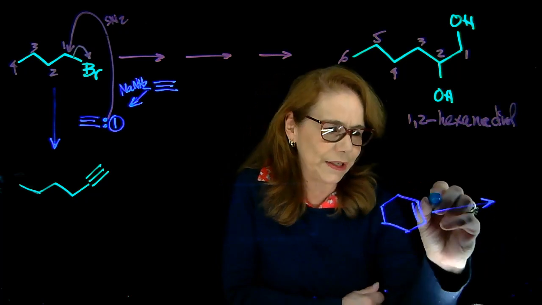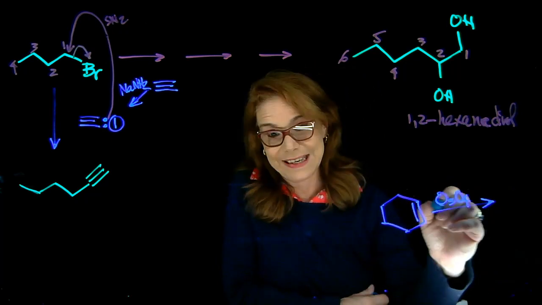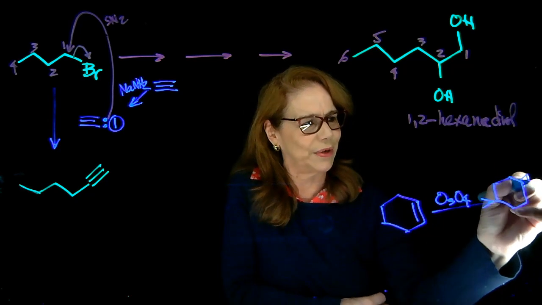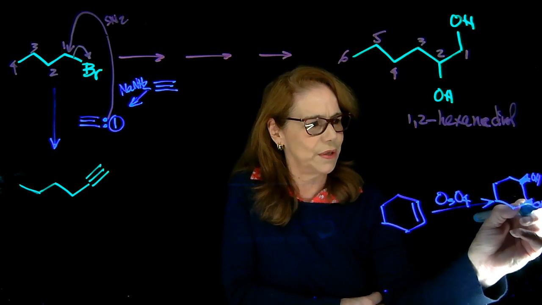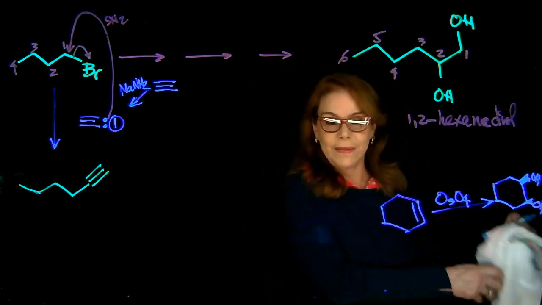If I treated that with osmium tetroxide, I will get the cis-diol because the mechanism here is a syn addition. Well, that is a methyl compound. You can have that in the one which is on the dashes.